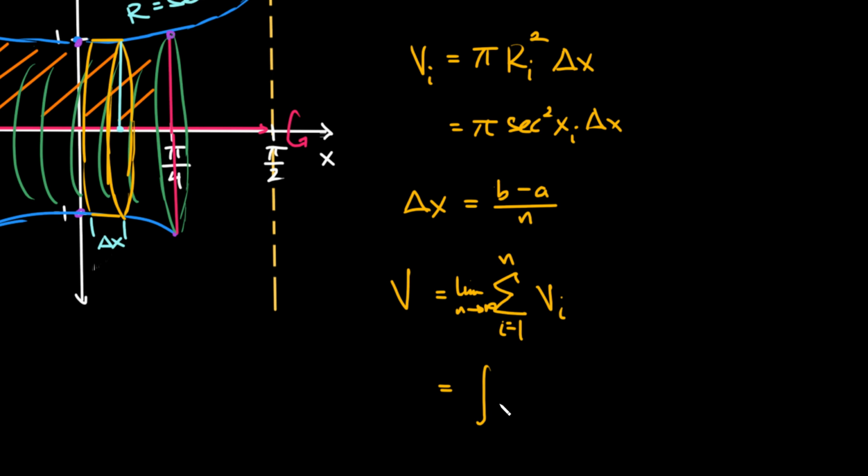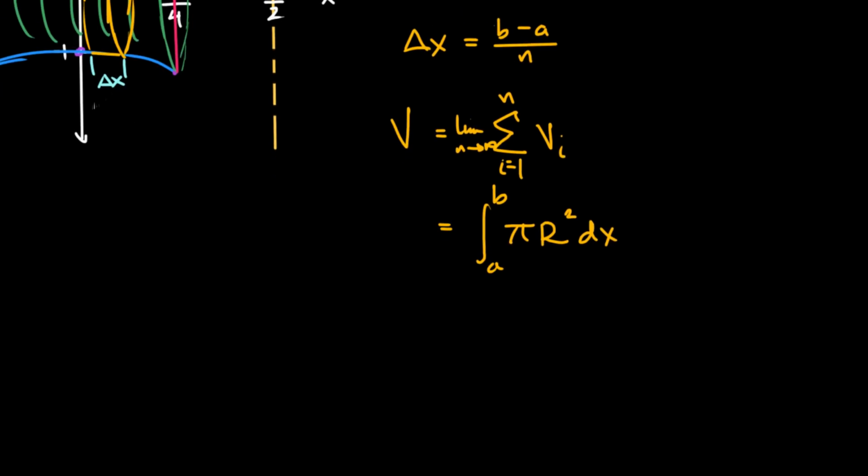And so we get the integral from the lower boundary to the upper boundary of, in this case, pi r squared, and instead of delta x, it becomes a dx, right?